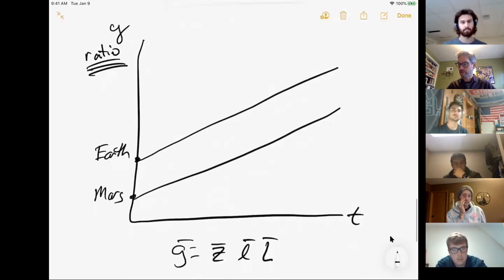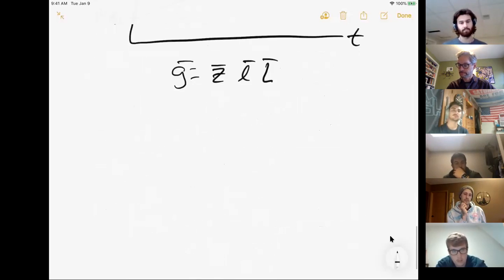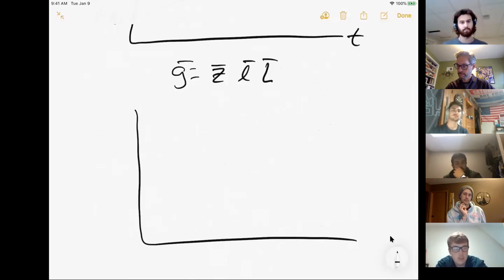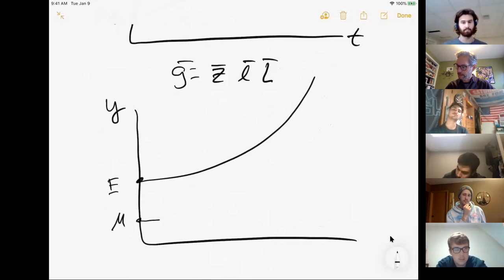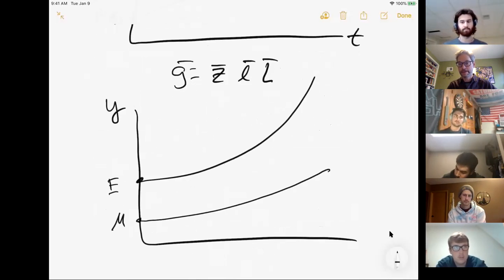What's happening in terms of levels? If you just graph the level of this, in terms of levels, they're exploding. But notice that Mars is going to explode less quickly than Earth because Earth starts with so many more ideas.